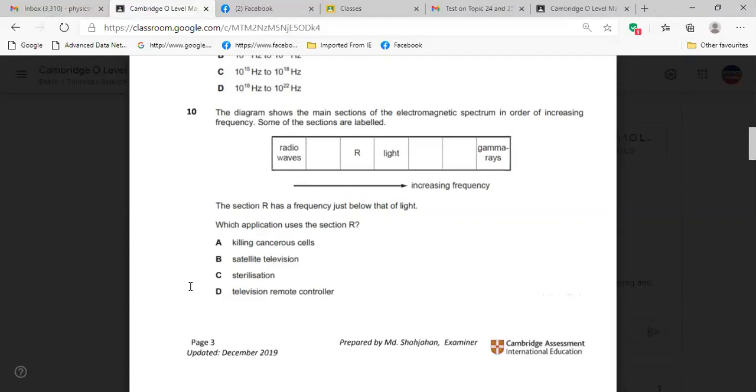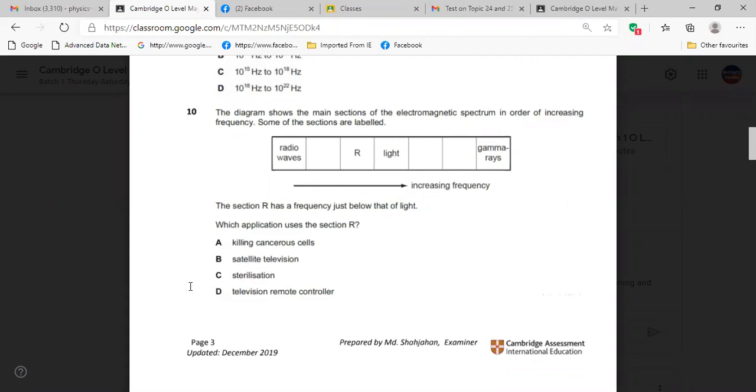So if there is increasing frequency on the right side, there will be increasing wavelength on the left side. Which one has more wavelength? Radio waves, the most wavelength. From light going left, you are increasing the wavelength.